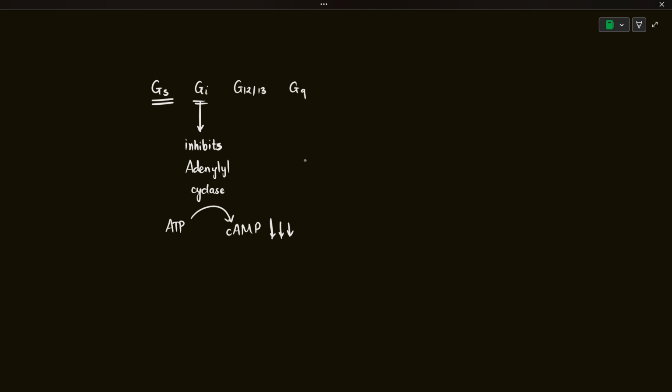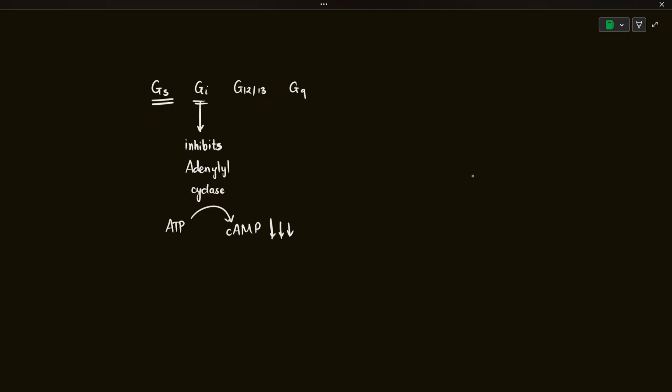So what happens is that whenever an extracellular signal comes, it binds to the receptor protein, the 7-pass transmembrane receptor. If that protein is activated due to a conformational change from the ligand interaction, that conformational change results in the activation of GEF, the guanine nucleotide exchange factor.